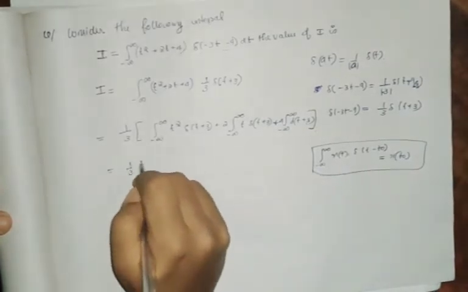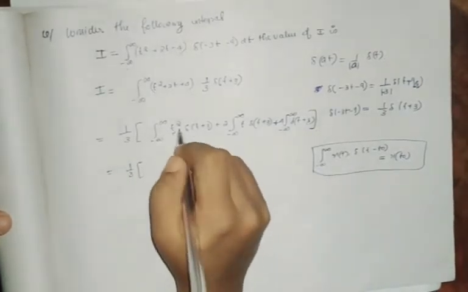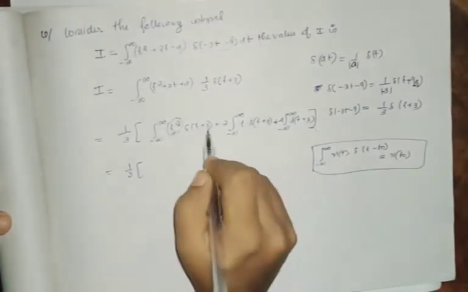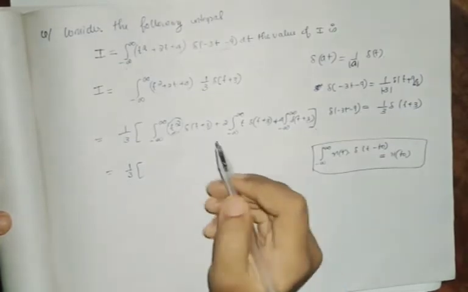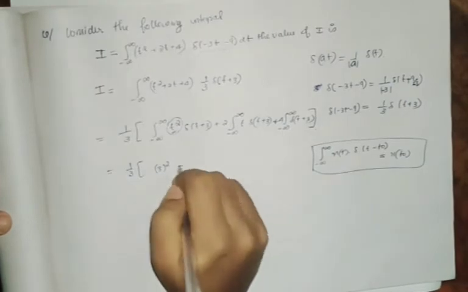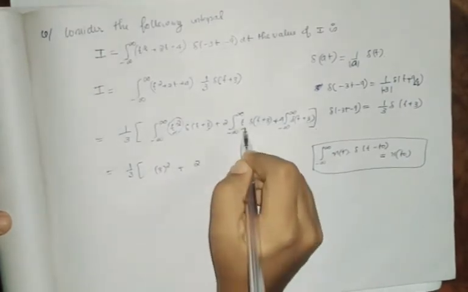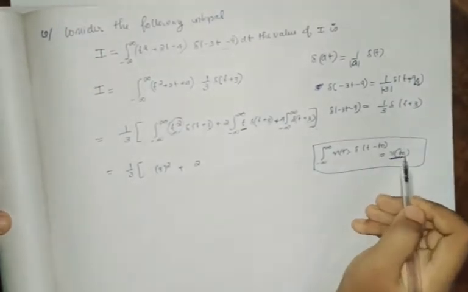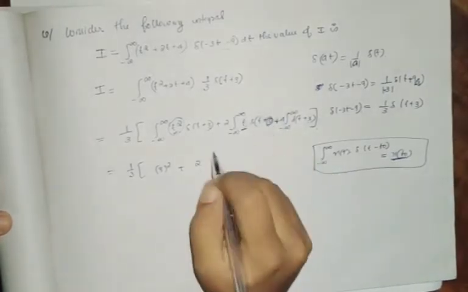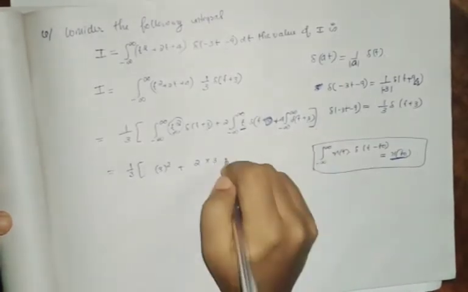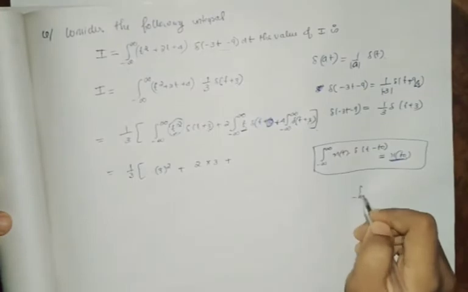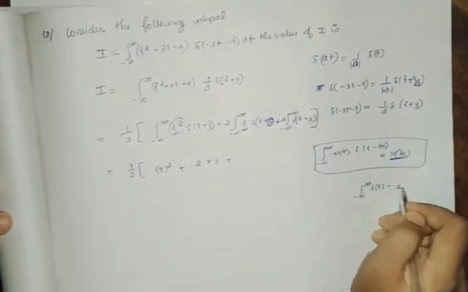That means 1 by 3. Instead of this, I can write x of t. X of t here is t square, so instead of t square we have to replace it with 3, that is 3 square, plus 2 into, again, x of t here is t, so the answer will be x of t0. That means instead of t, we have to take 3. Plus integral minus infinity to infinity del of t is equal to 1.